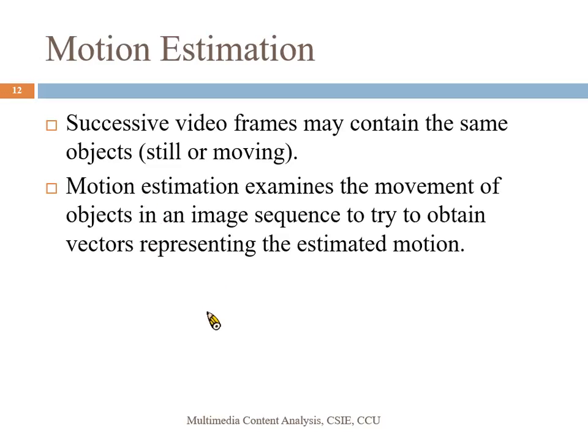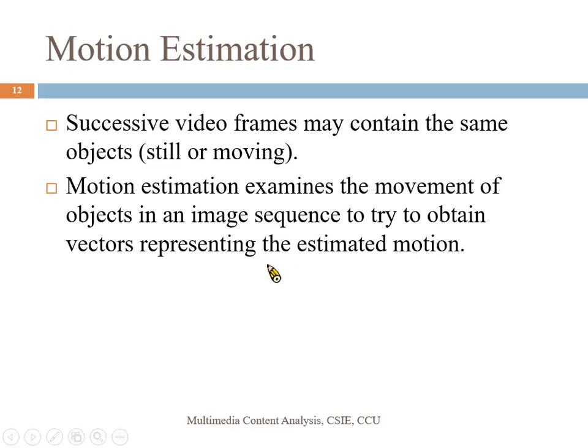Another important characteristic of video is the motion. Because of the temporal domain, because of the sequence of images, successive video frames may contain the same objects that would be still or moving, and motion estimation examines the movement of objects in an image sequence to try to obtain vectors representing the estimated motion.